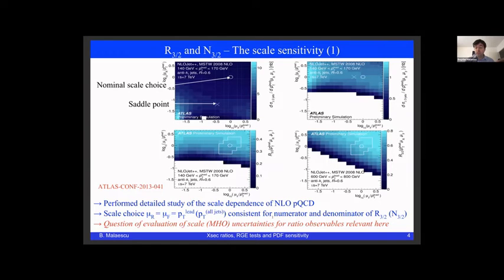This comes back to the remark from Julia earlier, which I think is very relevant, namely that the evaluation of the scale, or actually what we mean by this is the missing higher order uncertainties for ratio observables, should be treated with some care in terms of correlations and possible cancellations in these ratios.